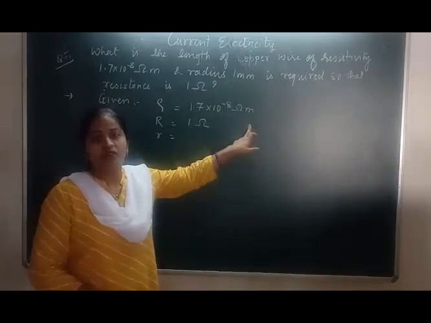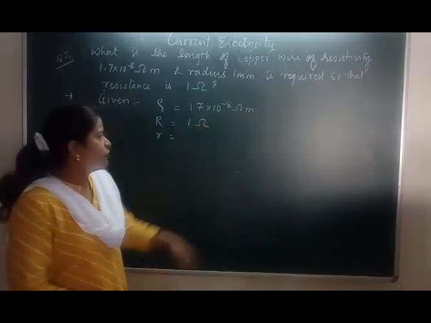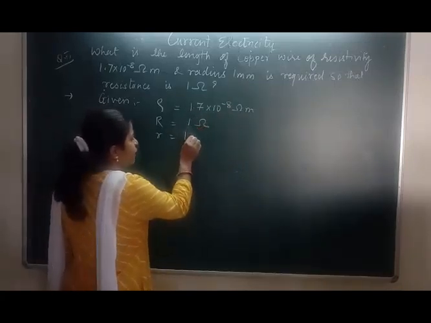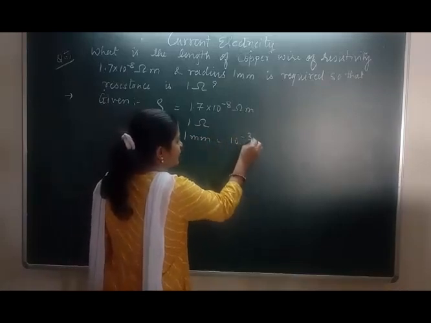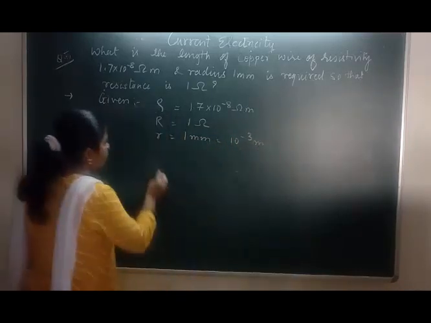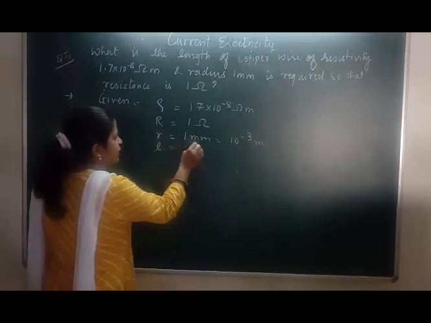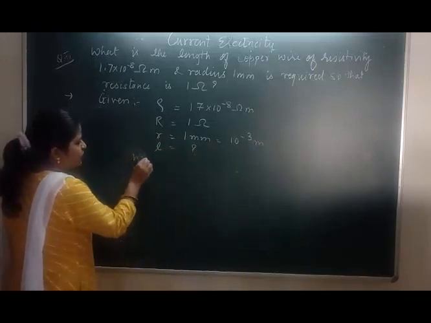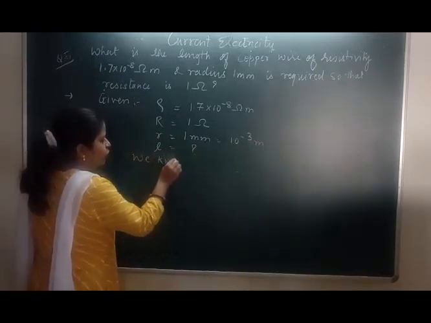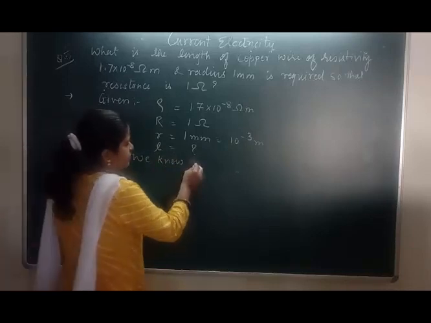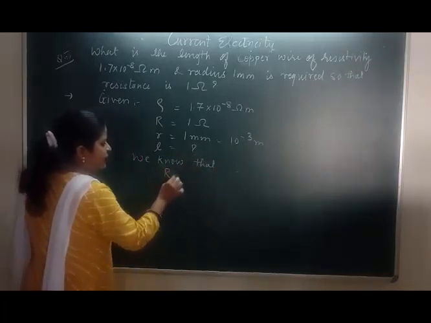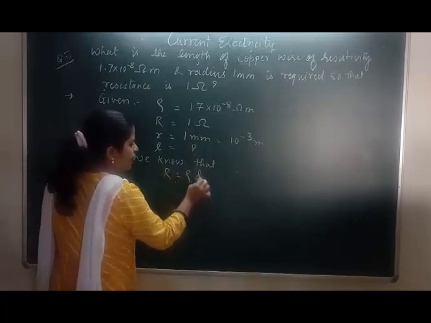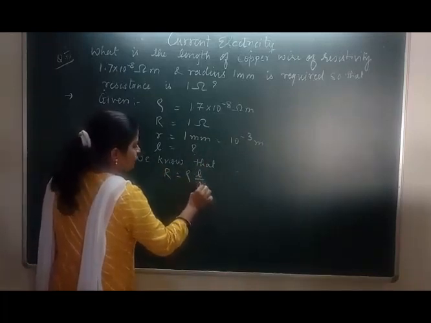So we need to convert millimeter into meter. 1 mm is equal to 10 raised to power minus 3 meter. From that we are going to find out the length. We know the formula of resistivity, that R is equal to rho L upon A.